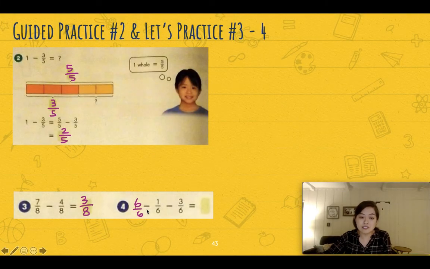So 6/6 minus 1/6 minus 3/6. Now we all have like fractions. And when we have like fractions and we subtract, we keep the denominator the same. So the denominator will be the 6. And we're going to subtract our numerators. 6 minus 1, which is 5, minus 3, which is 2. So our answer is 2/6.